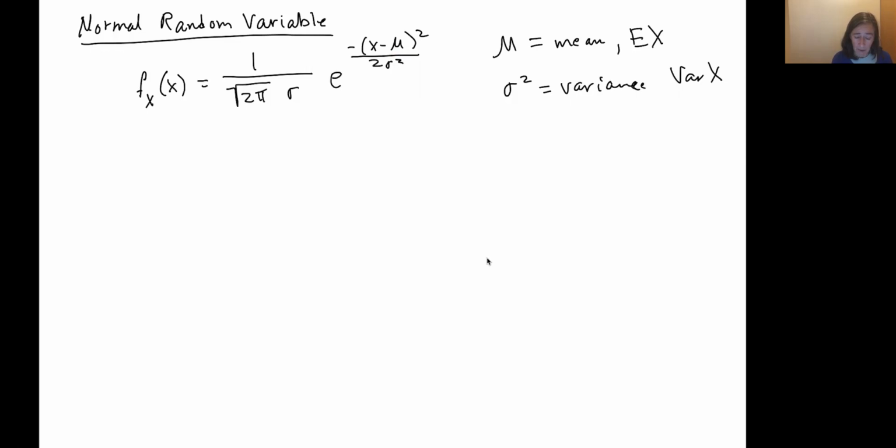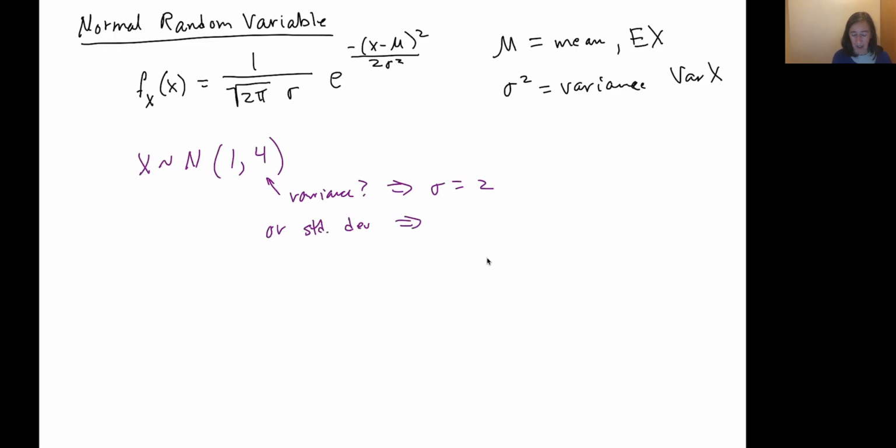So in particular, if you see somebody writing x is distributed normally with these values, you might want to be careful, or if you're writing this, you might want to make it clear to your reader whether this is the variance, implying that the standard deviation is 2, or is it the standard deviation, implying that the variance is 16.